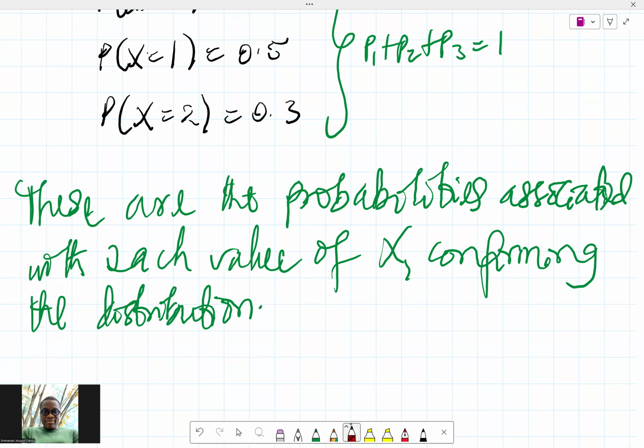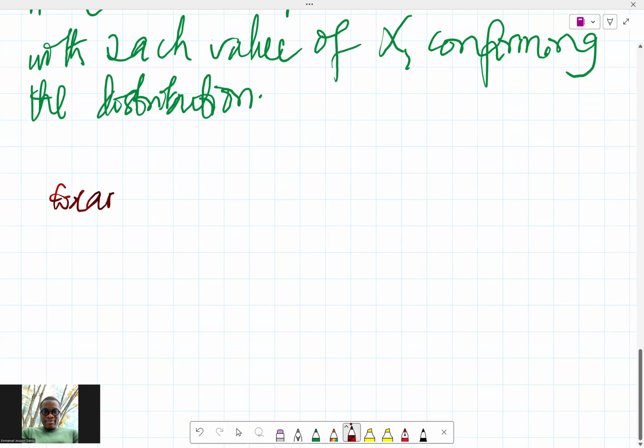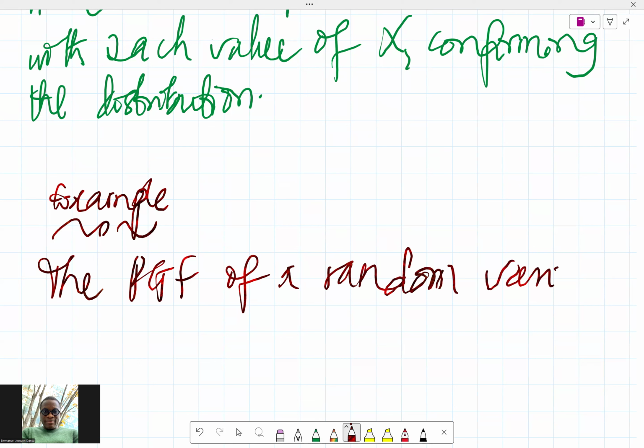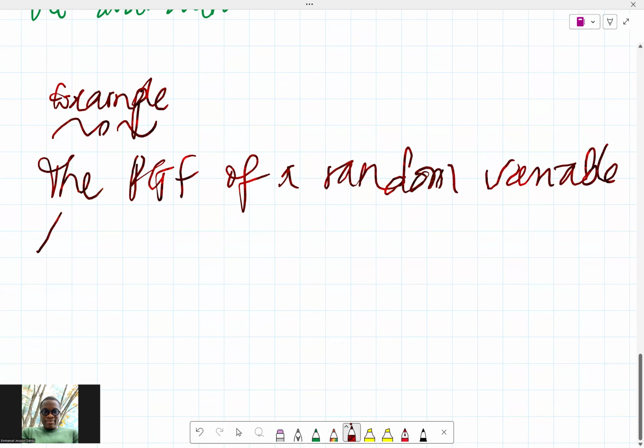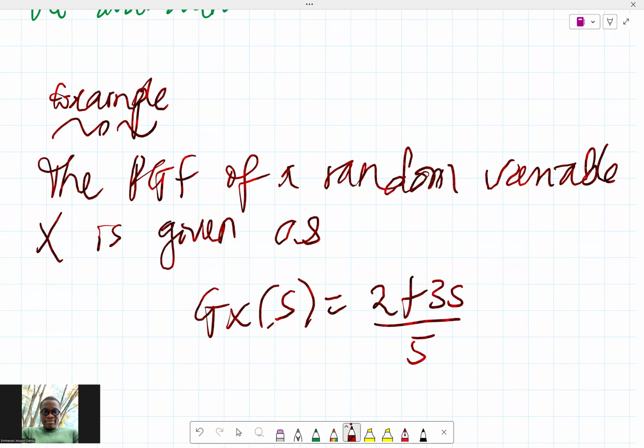Now, let's take another example. The probability generating function of a random variable X is given as G_X(s) equals (2 plus 3s) divided by 5.